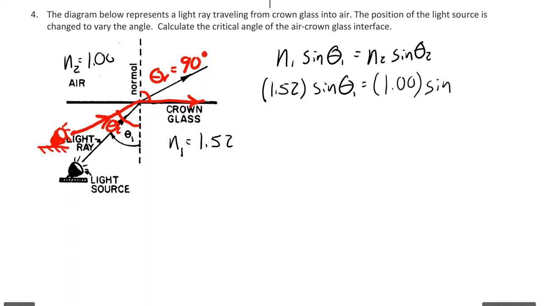What is sine theta 2? This is the trickiest part. We want the angle of incidence that creates an angle of refraction that's equal to 90 degrees. So we need theta r to be 90 degrees in order to find what this critical angle is. And that's the setup.